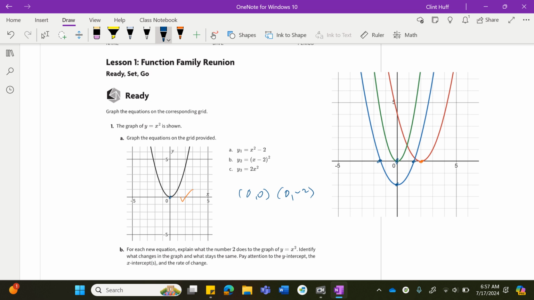It shifted over, so the x-intercept is (2, 0). The y-intercept is up here at (0, 4). On the first one, the y-intercept is the vertex down there, (0, -2). And the last one, 2x squared, that's the green one, still has the vertex at (0, 0). And the rate of change is now a little bit different, it's steeper.